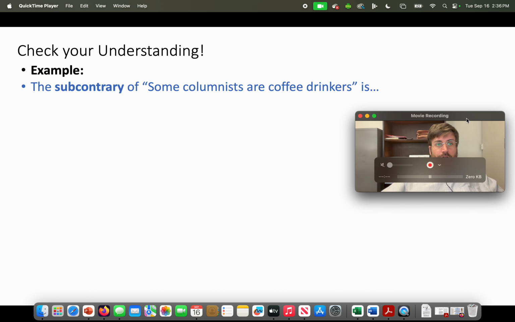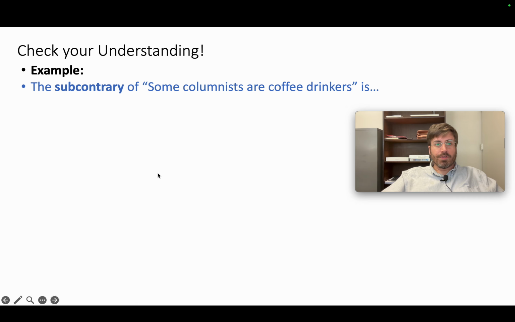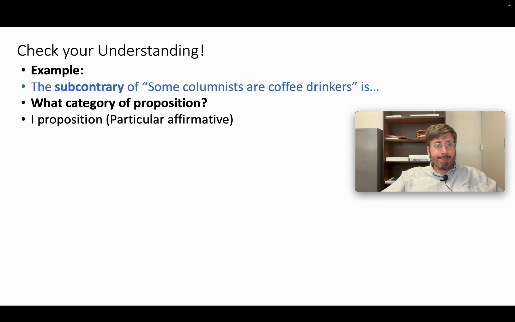Let's think through this a little bit. The subcontrary of "some columnists are coffee drinkers" is what? We have a few options here. First, what is the category of this proposition? Try to write that down. This is a particular affirmative, right?